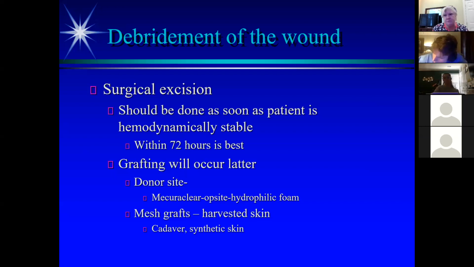They'll come back from the OR with it covered, but then you take the dressing off and it's just open to air. That gauze forms like a scab and hardens up. And we typically use something called Mercurochrome on it, and this just keeps it from getting infected.